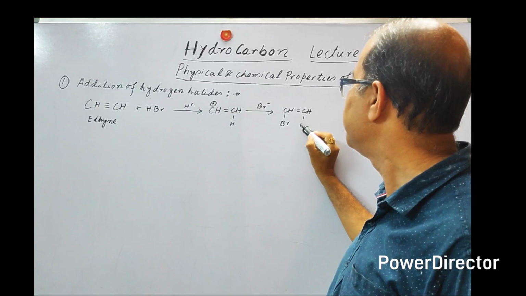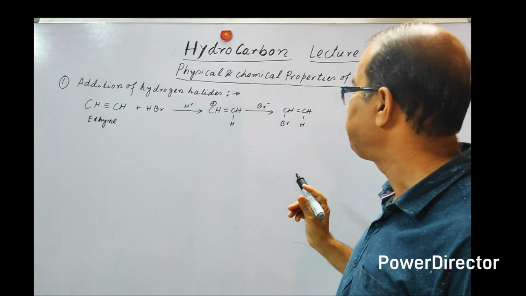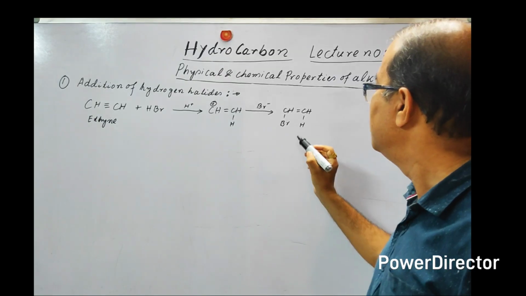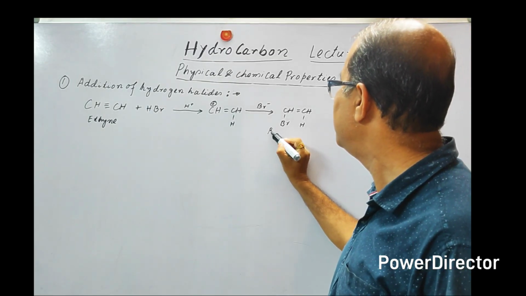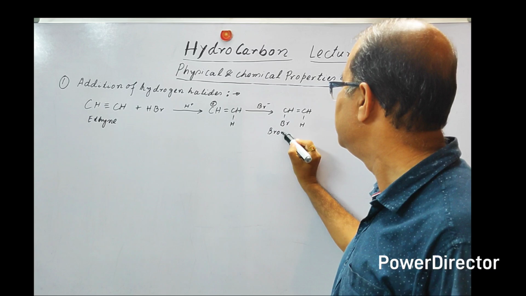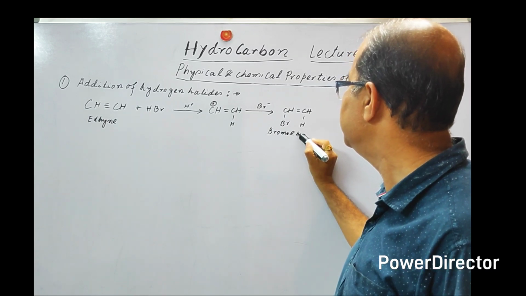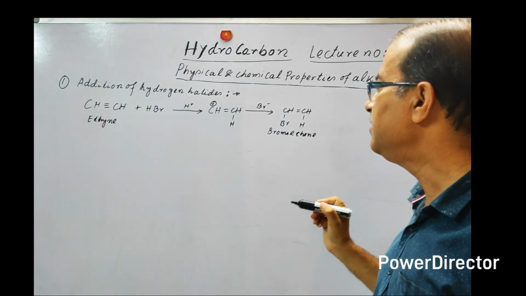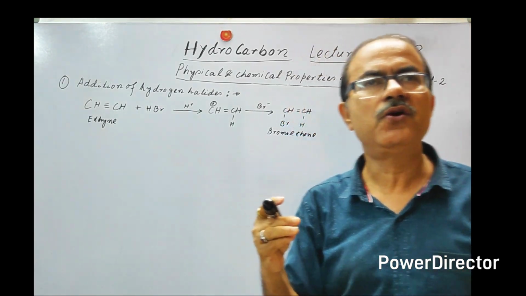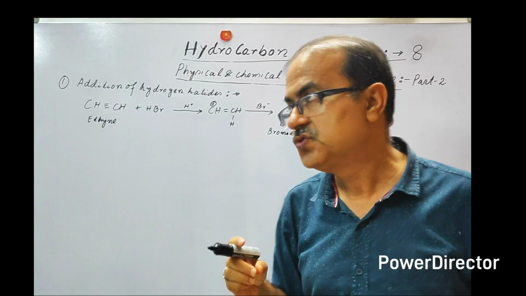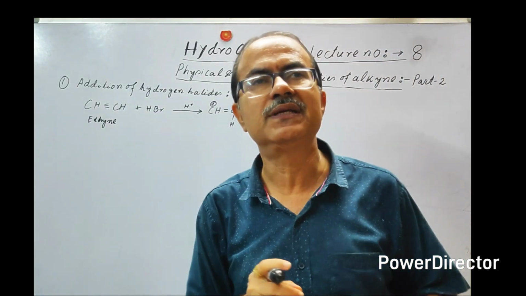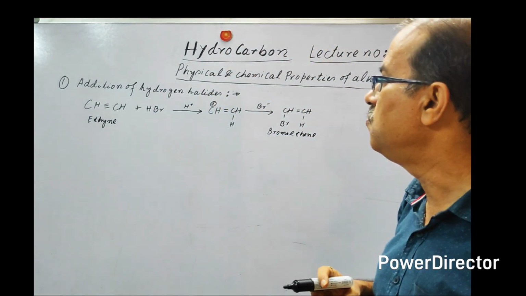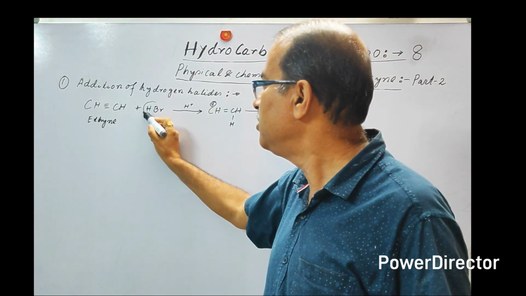Very simple thing to understand. So you will observe the preparation of bromoethene. Still it is an unsaturated compound, so it has the capability of taking up another molecule. In an alkene, one molecule is added, but in an alkyne you will see that two molecules will be added.